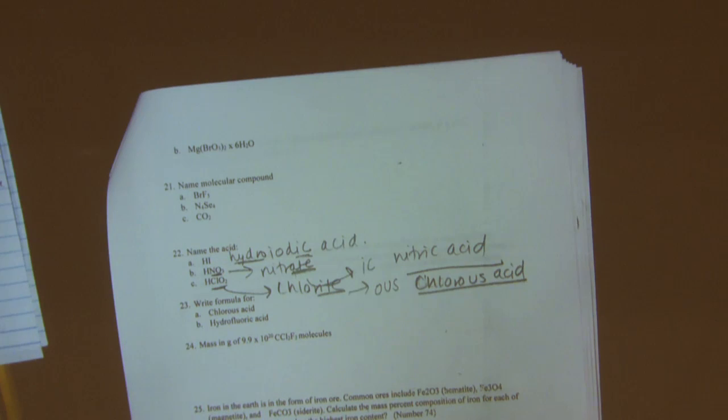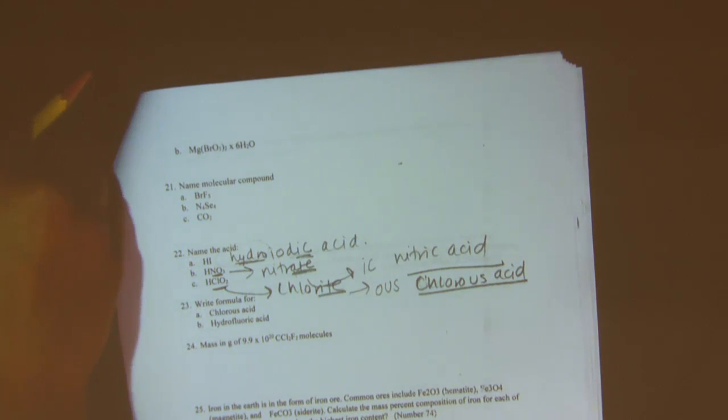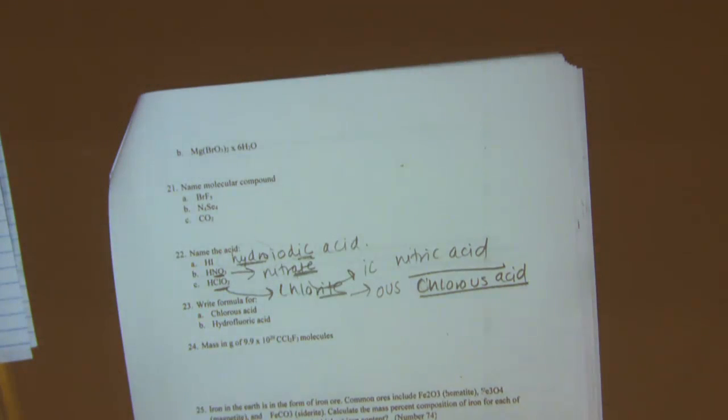Okay. I thought you were asking about the hydro, but yeah, like hydrochloric acid, you know what I mean? Find a common example. You're right, that would have been a little confusing. But if you know that acid, you know HCl, you can just compare it to that one. You add the ic at the end for those acids.